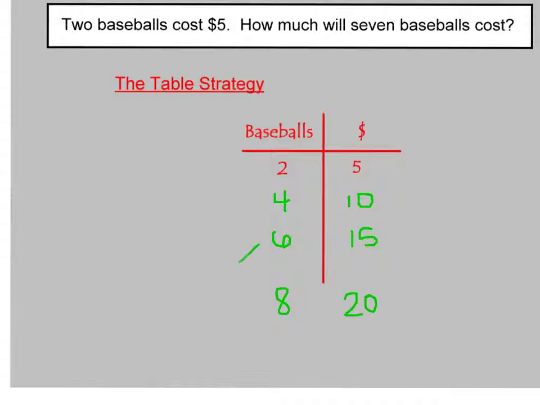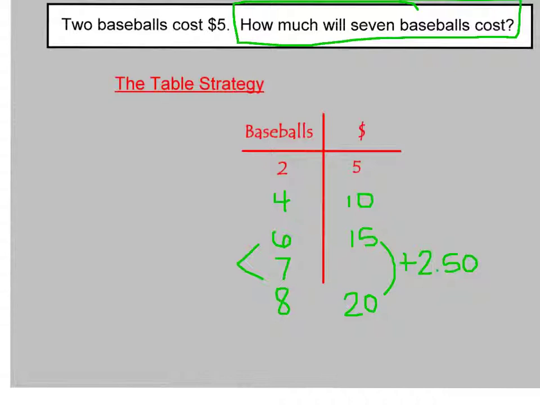Notice I left a space between 6 and 8, because we're trying to figure out how much 7 baseballs will cost. So in between the number 6 and 8 is the number 7. And then in between 15 and 20, I know that those are increasing by 5. So I have to do what's half of 5, which is $2.50.